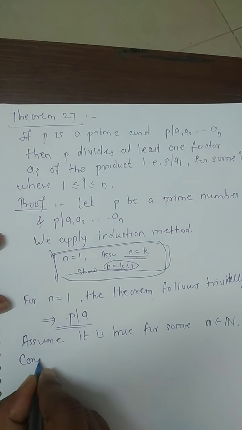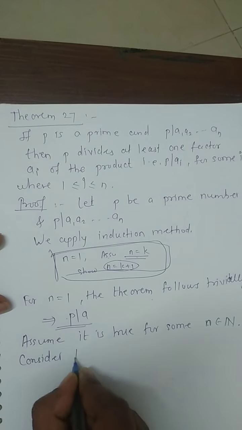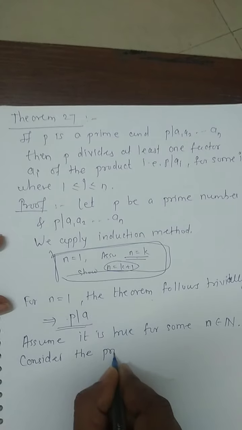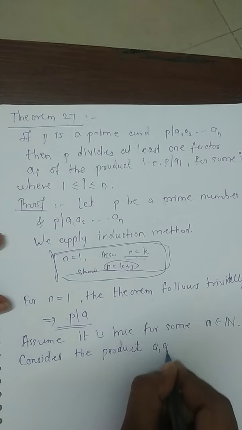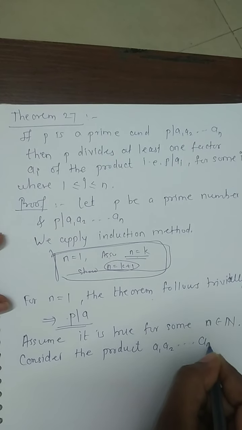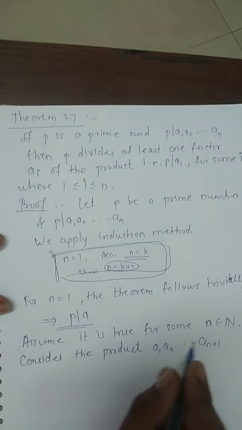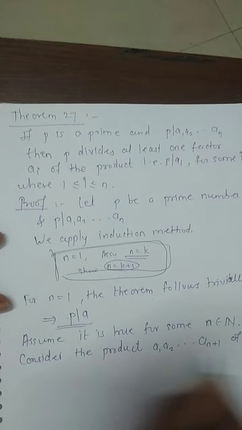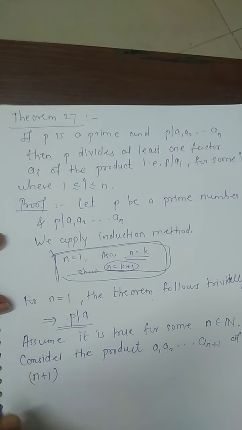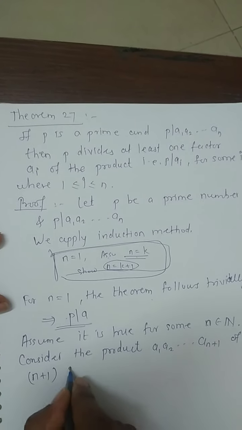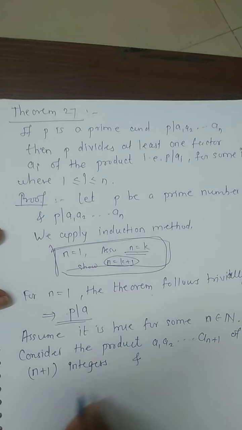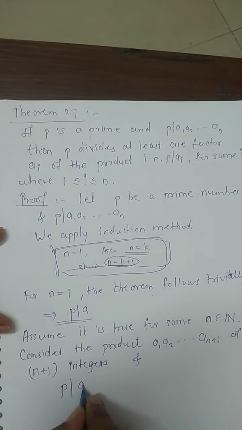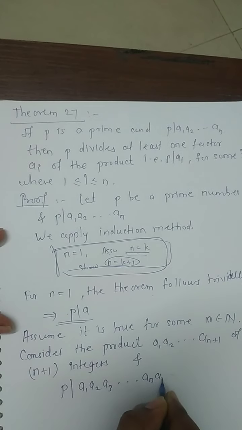Consider the product A1, A2 up to An plus 1, of n plus 1 integers, and P divides A1, A2, A3 up to An plus 1.